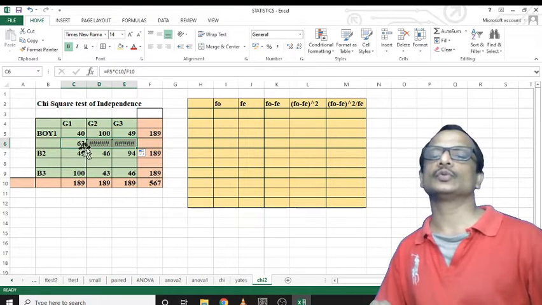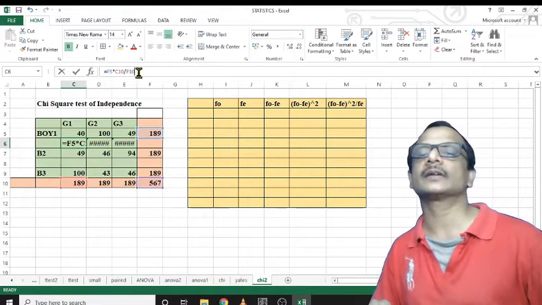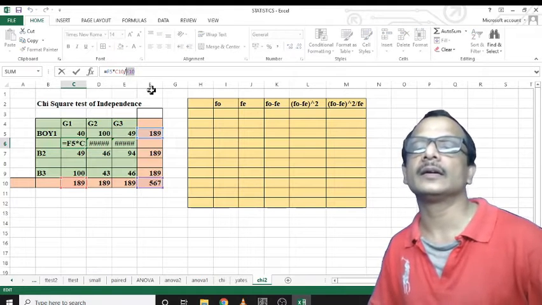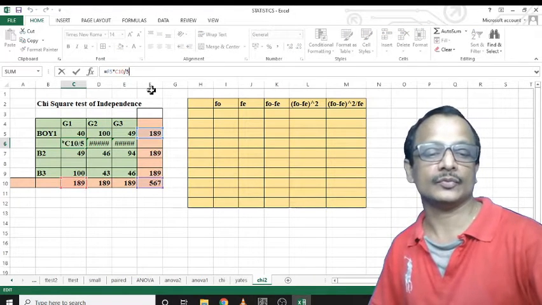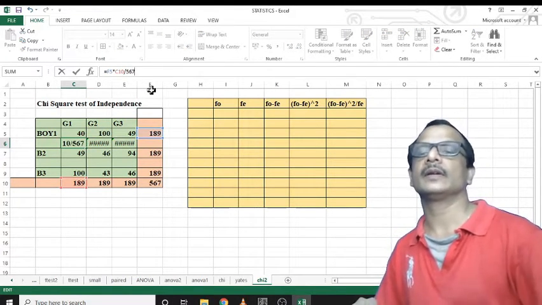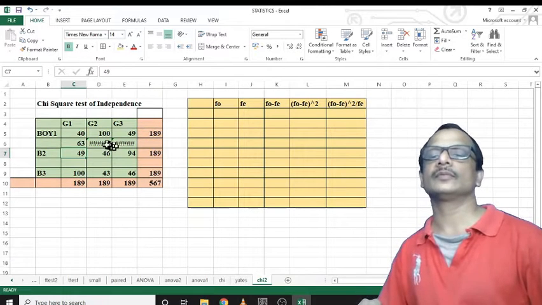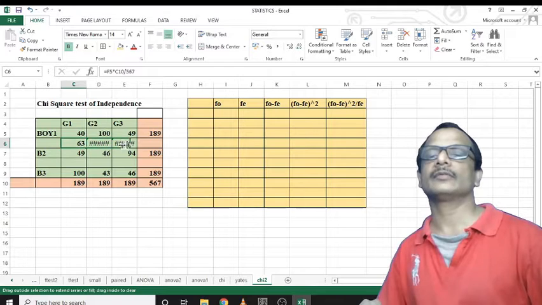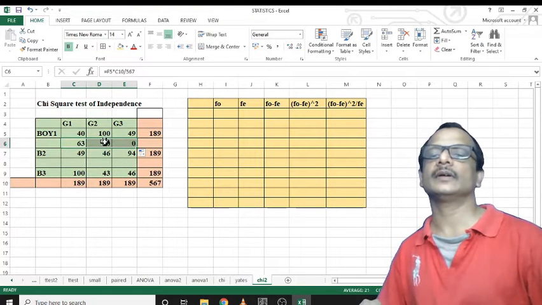In order to make this correction, I add 567 and try. Again try for this area. Yeah, again some correction from this area.